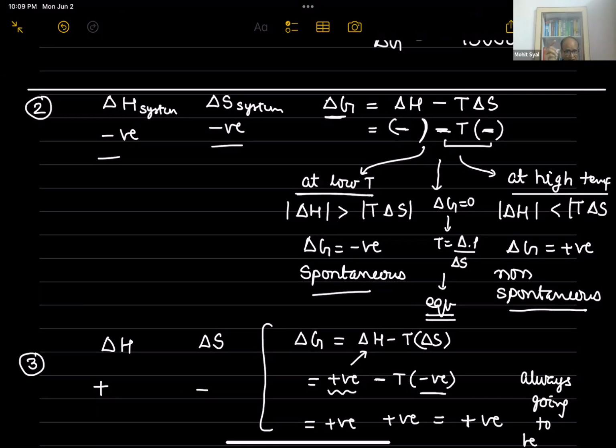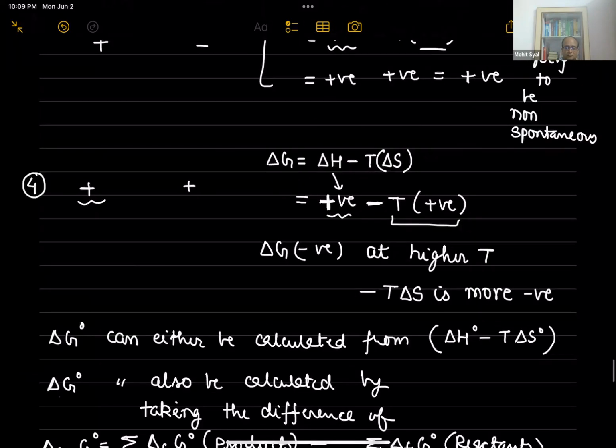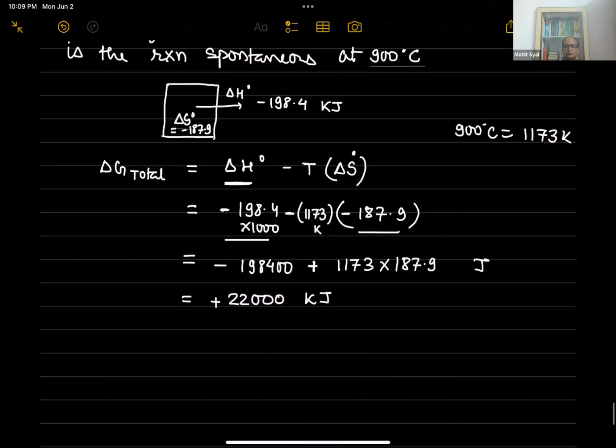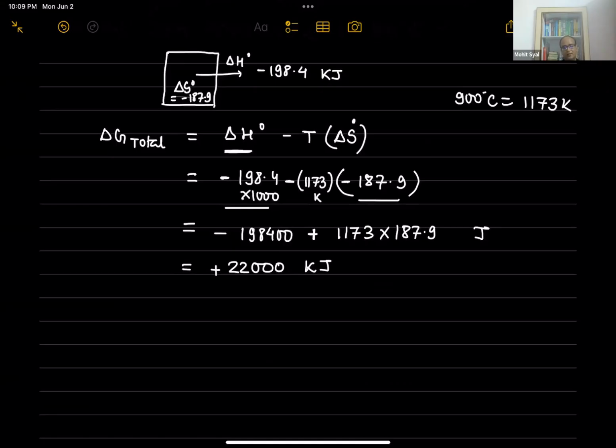And in the reaction, we have taken a higher temperature of 900 degrees Celsius. Okay, so the delta G we are getting is positive. Is it clear? Nabila, is it clear?